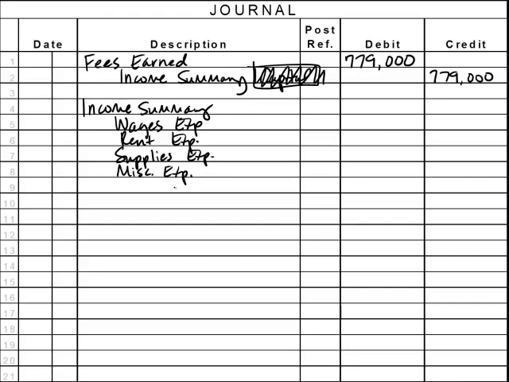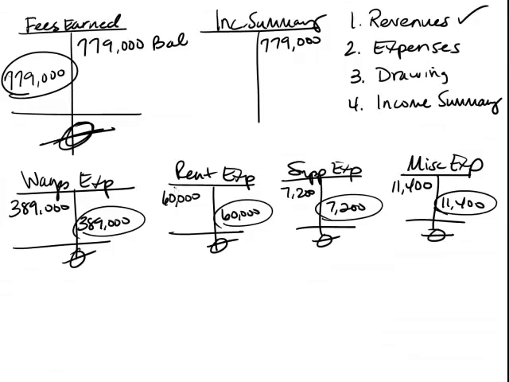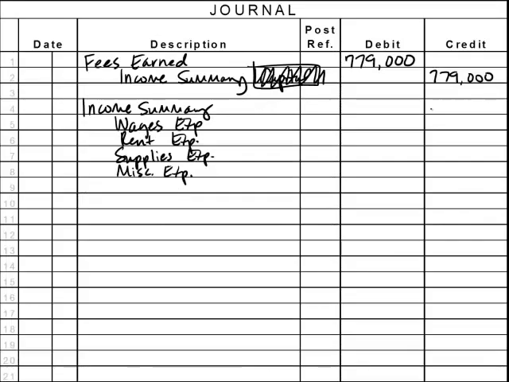Okay, and put in each balance, 389.60. Put in each balance there. And then we need to put the total in the debit for income summary.